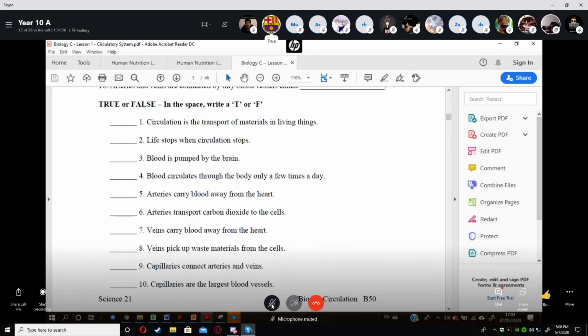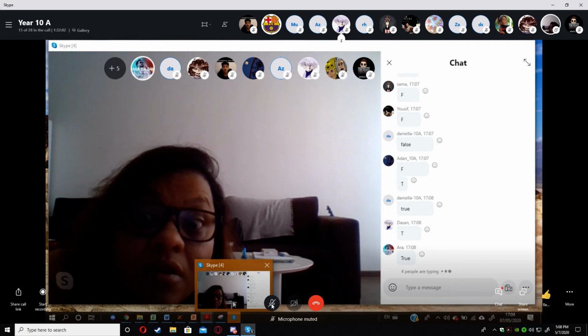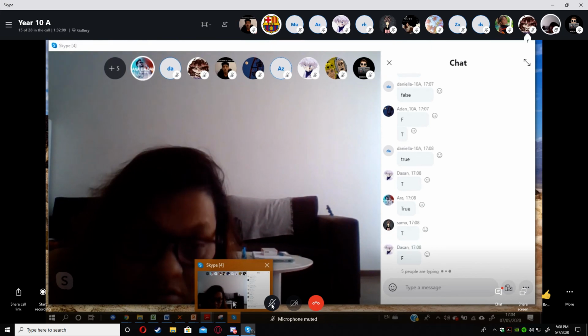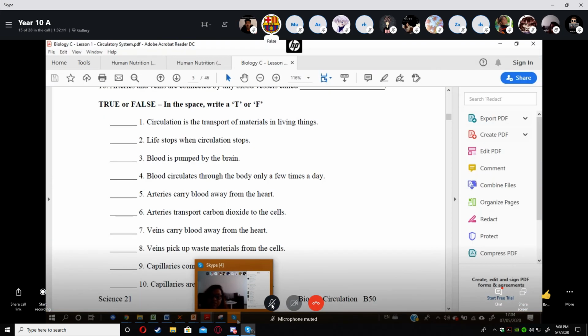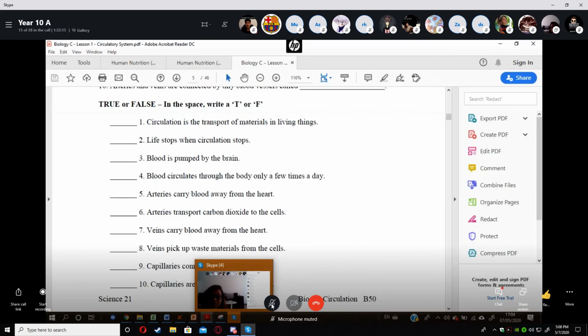True. Arteries transport carbon dioxide to the cells. True or false? Arteries carry carbon dioxide to the cells. True or false? False.